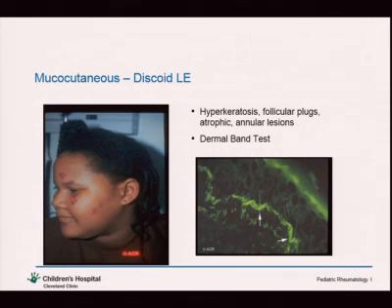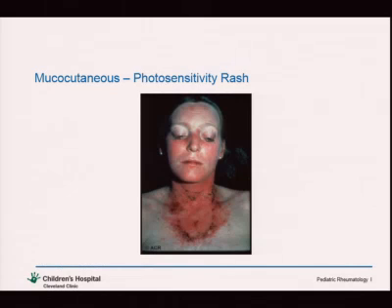And there are characteristic skin biopsy findings: hyperkeratosis, follicular plugs, atrophic annular lesions. And then there's a dermal band test that involves the immunofluorescence staining that they do on the rash.